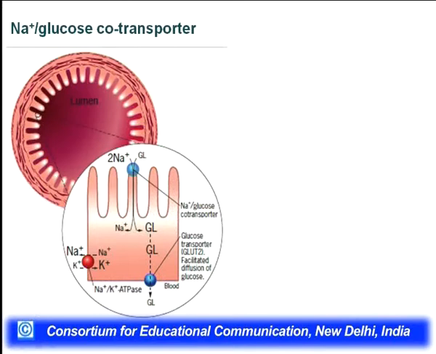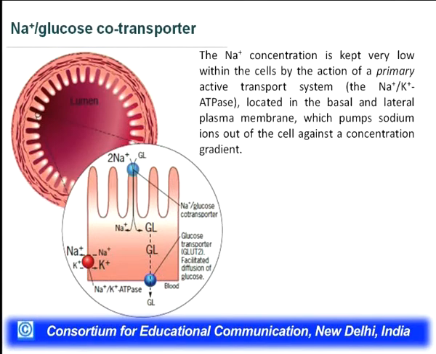So starting with the sodium glucose co-transporter, we know that the sodium concentration is kept very low within the cells by the action of a primary active transport system. We have already seen the working of sodium-potassium ATPase, and this sodium-potassium ATPase is responsible for maintaining a low concentration of sodium inside the cell.